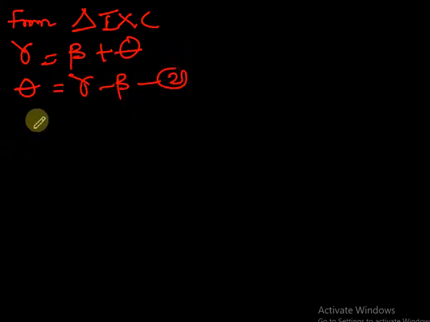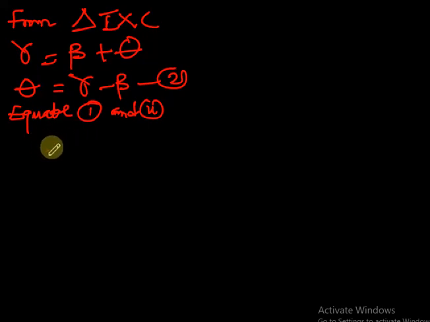So all I need to do now is to equate equation 1 and equation 2. So what do we do there? Equation 1, you have the first theta to be beta minus alpha, while equation 2 you have the next theta to be gamma minus beta.